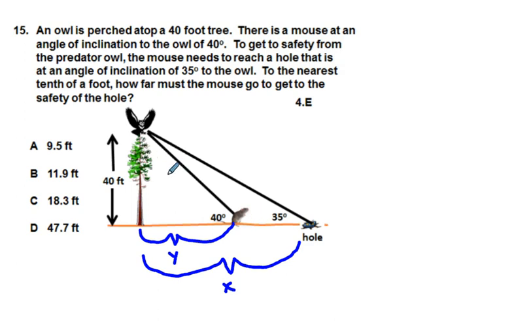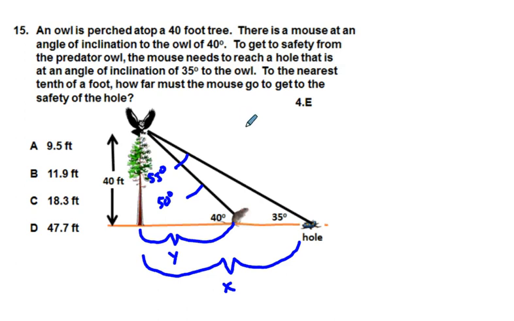Well, there are, again, a lot of ways to do this. One way to do this that I like to do is take this 35-degree angle here and subtract it from 90 to create its complement, which is going to be, let's see, 55 degrees, is that right? Yes. And then this 40-degree angle, its complement is going to be 50.